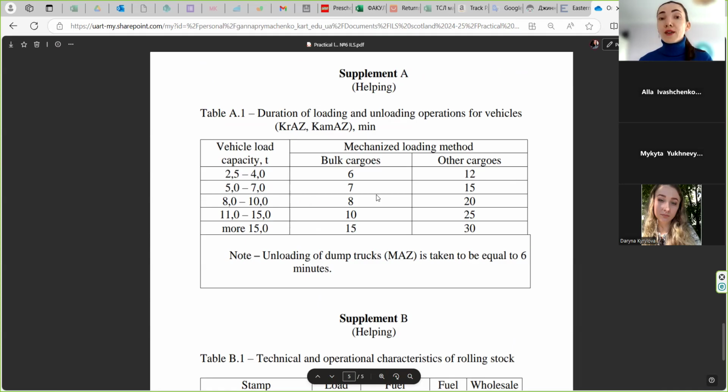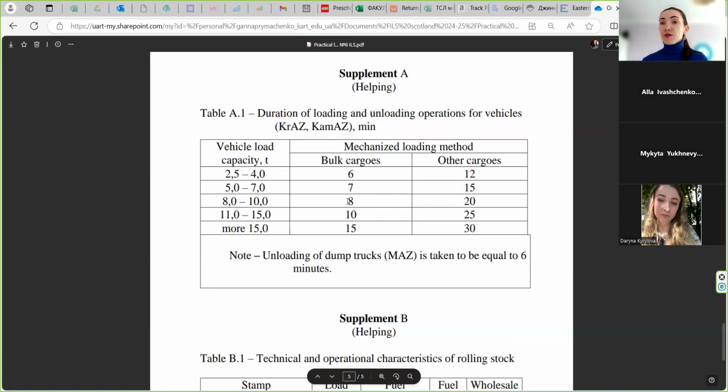So for all variants, we have the time of 8 minutes. See, please, in the second column, from 8 to 10 tons, the mechanization loading method for all variants and bulk cargoes, because we have sand and stones and other types of cargo. So it is all bulk cargo for all variants. So we need 8 minutes for loading and unloading operations.